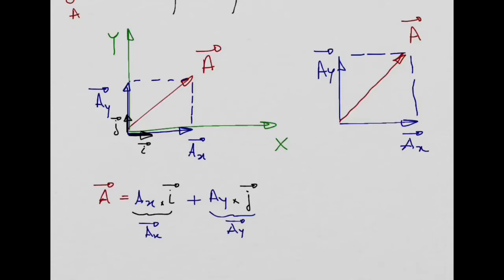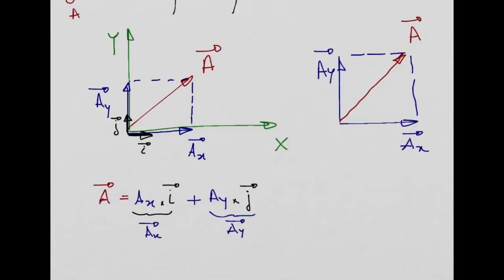Okay, so we saw here how to decompose a vector into its components along the coordinate axes, AX and AY. We saw then how we can obtain the vector by adding these two components, AX and AY.